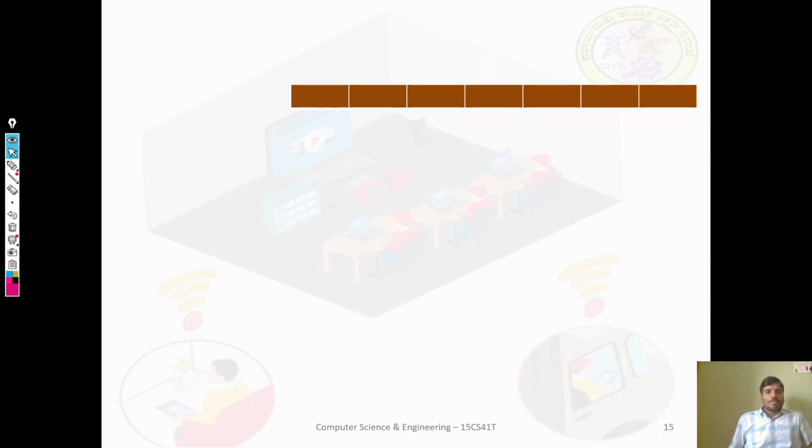To perform these operations, first what do we need? We take a queue. So this is the queue. Initially it is an empty queue and I am taking two variables, front and rear. Okay, I already explained why we use front and rear. Rear is used for inserting the elements and front is used for deleting the elements from the queue. So initially it is an empty queue.